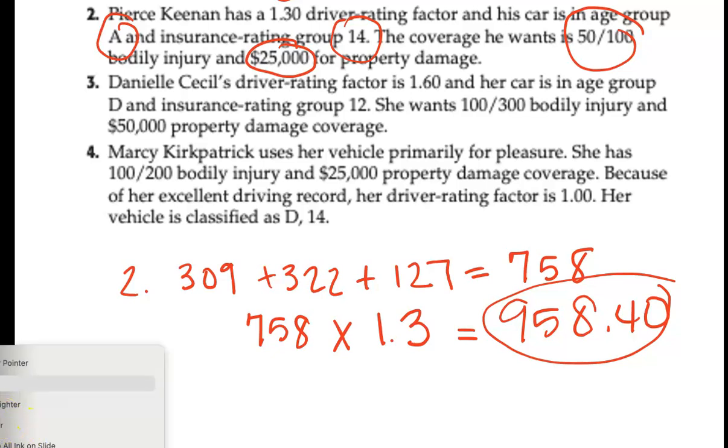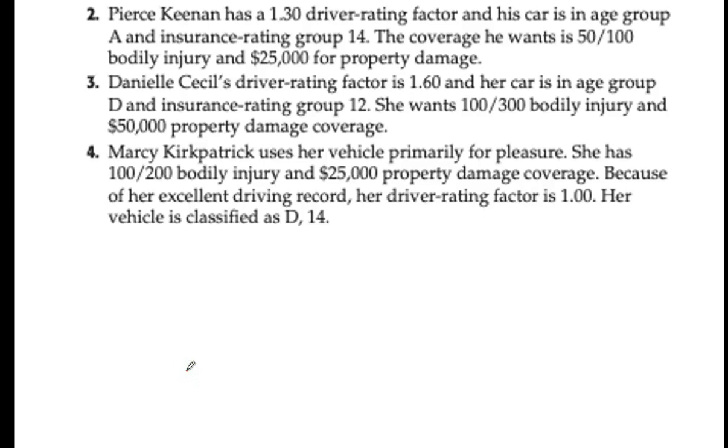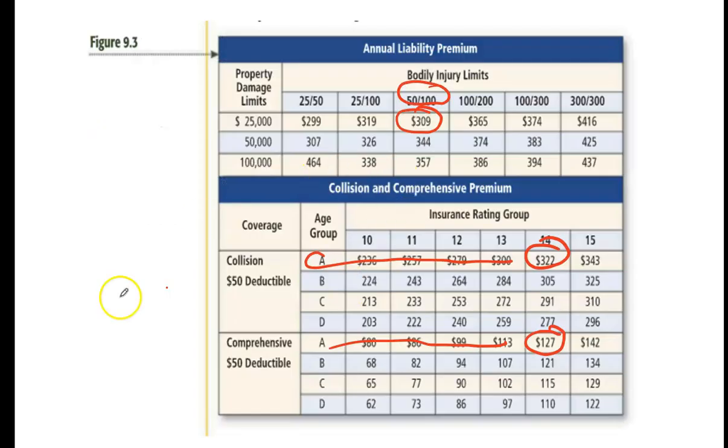Let's look at number 3. Daniel's driver rating factor, here it is. His car is in the age group of D12, and he wants 100, 300 at 50,000. The first thing I'm going to do is go back here.